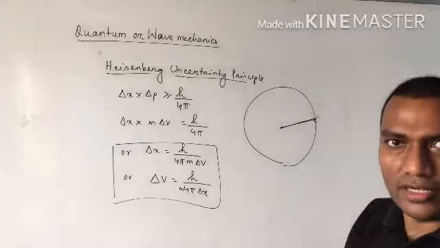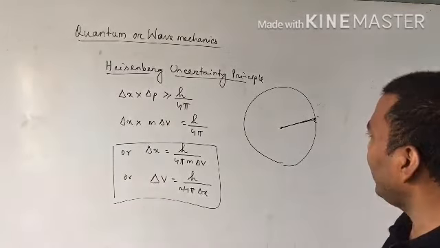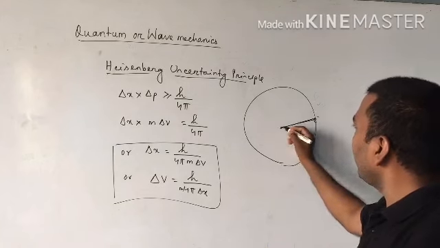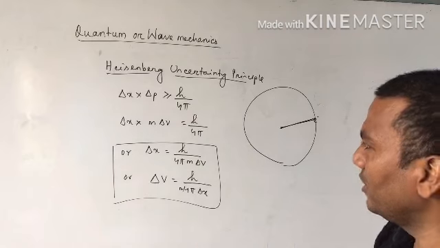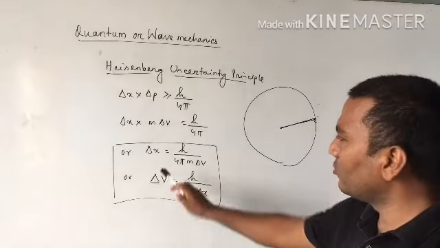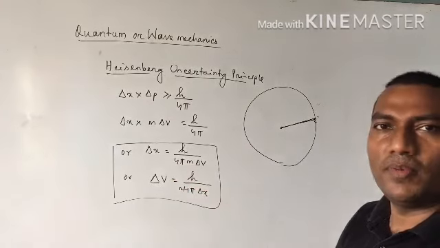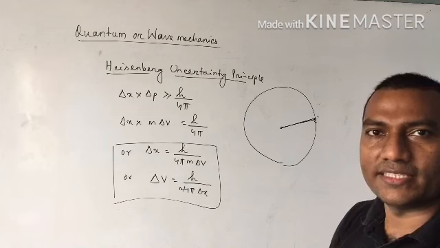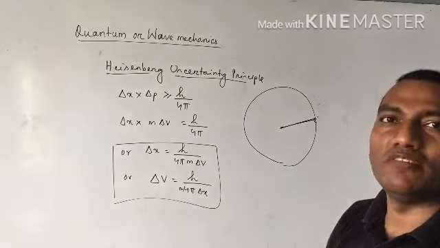Will you run behind the electron? You stop. So when we are calculating the distance, the electron should be at rest. If we use this formula, we are calculating delta x. So delta x equals h by 4 pi m into delta v. Here we have taken the body at rest, velocity is 0, so something divided by 0 we cannot define.